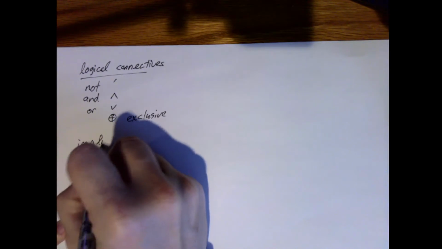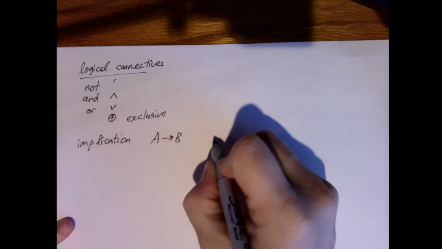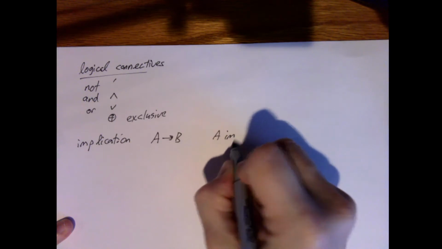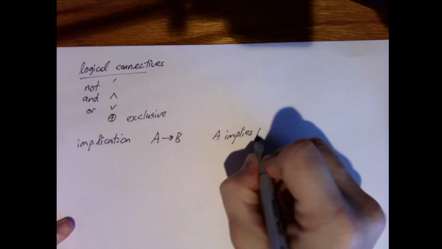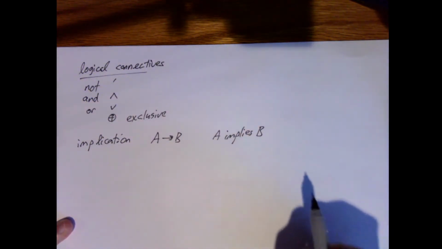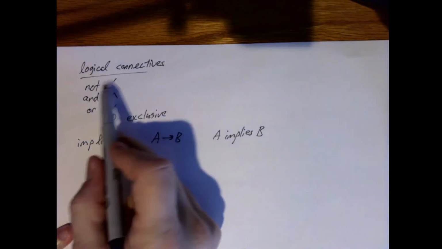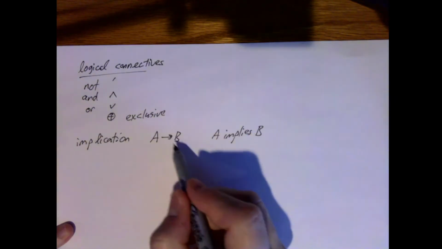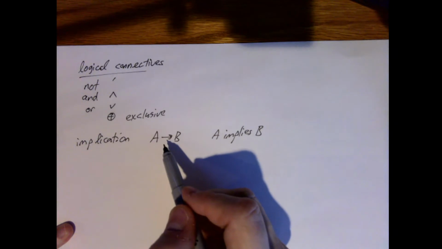The first one will be called implication. And we typically write it like this. And we say it like this: A implies B. Now I would like to point out, just like with some of these other symbols, not all authors use the same exact symbology.